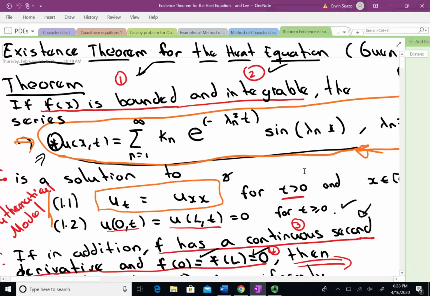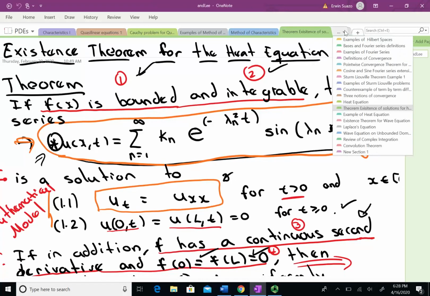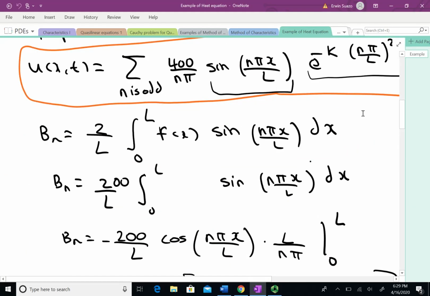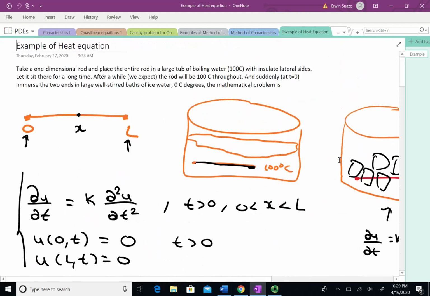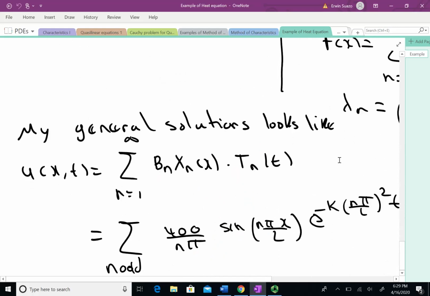I'm sorry, I'm trying to find my heat equation formula. Remember, in the heat equation for the whole real line, we had to use a formula, but I don't see it here.